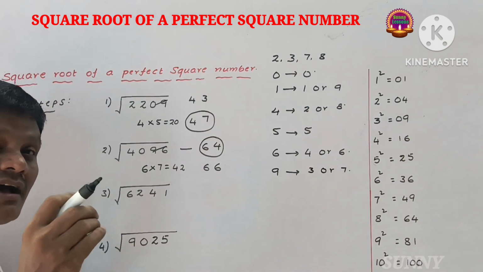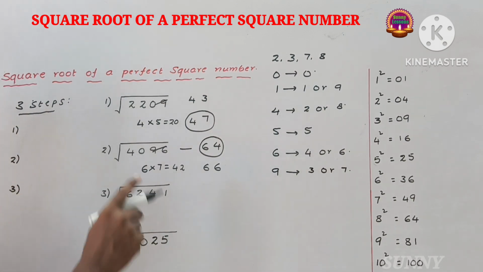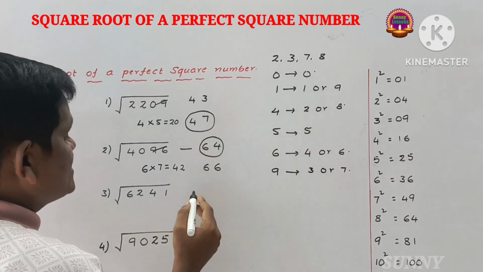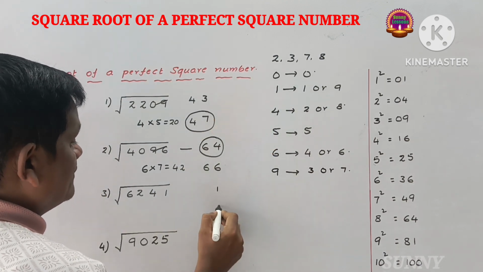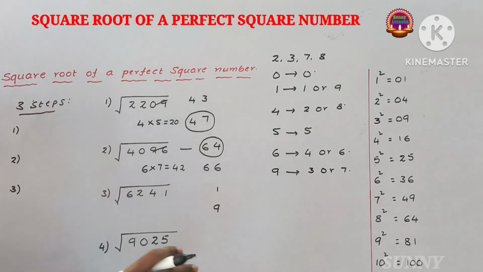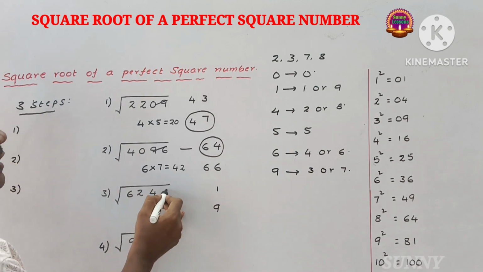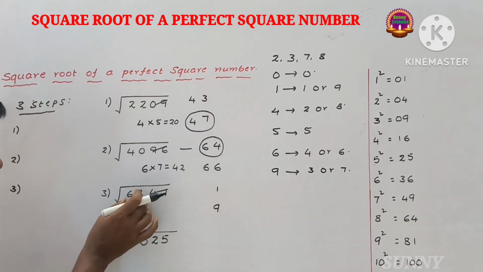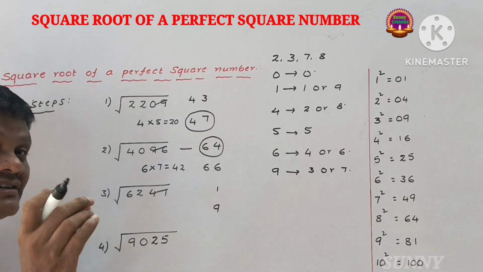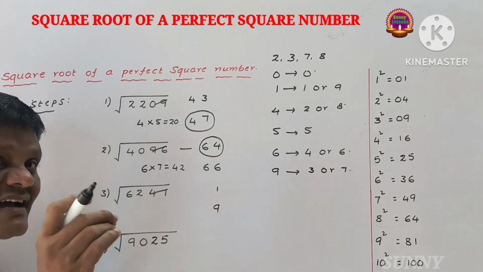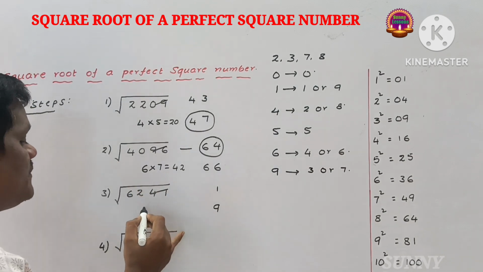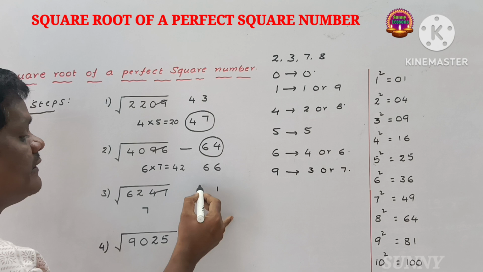Square root of 6241. When we get the last digit 1 in the perfect square number, it is 1 or 9. The second step is to strike out the last two digits. Which perfect square number is closer to 62 and less than 62? That is 49, which means 7 square.